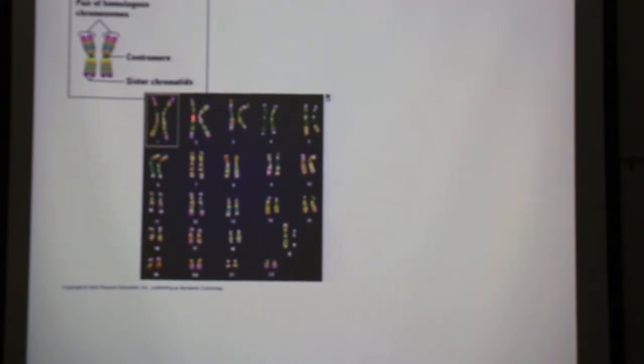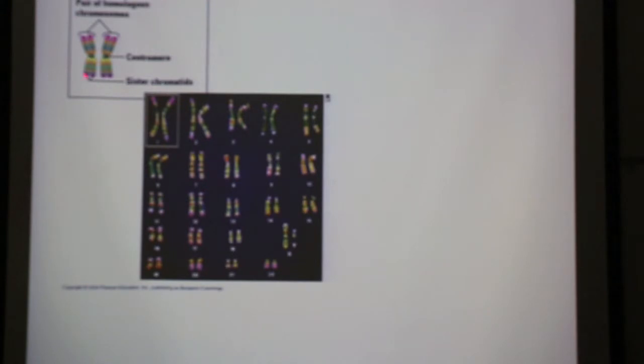For example, here's your chromosome 1s, here's one and here's the other. We say that the two chromosome 1s are homologous chromosomes. What that means is that they carry the same type of genetic information. Not the same exact genetic information, but the same type.